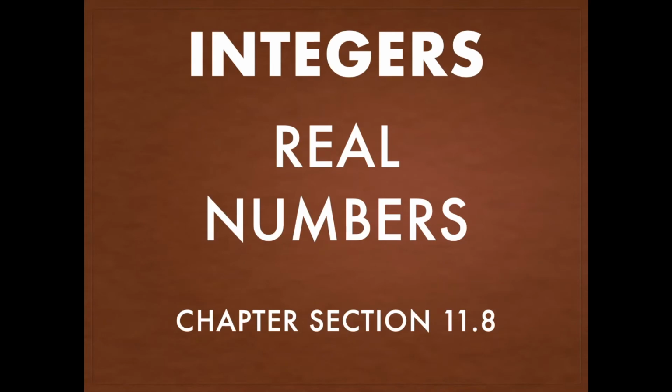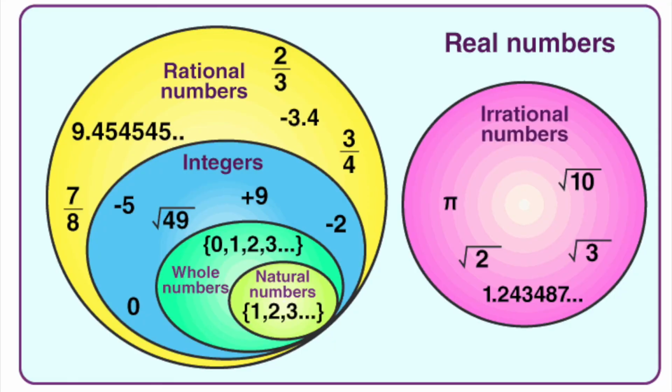Now let's move into real numbers. Please use this diagram to help you visualize what real numbers are. It shows a good separation between rational numbers and irrational numbers. It also identifies how natural numbers make up whole numbers, and whole numbers make up integers, and integers make up rational numbers.